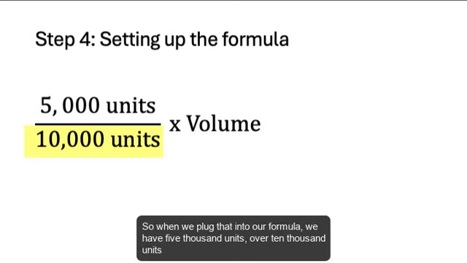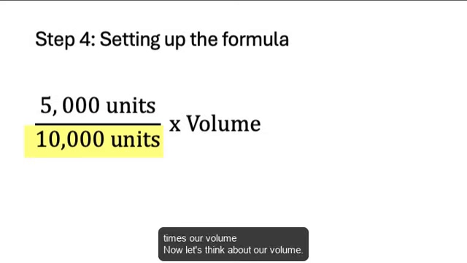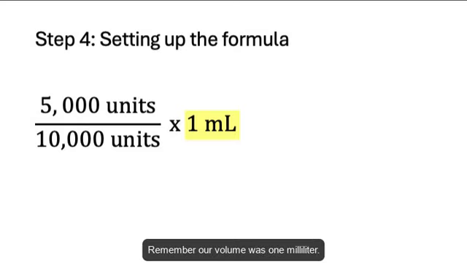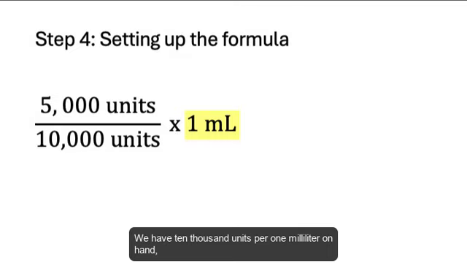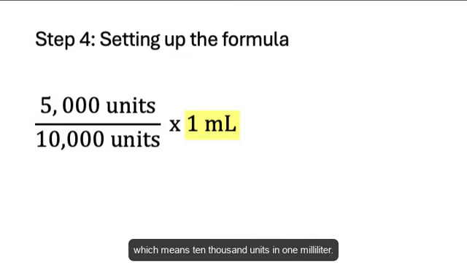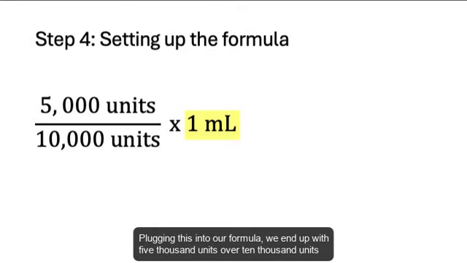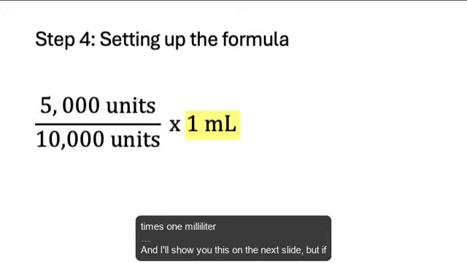So when we plug that into our formula, we have 5,000 units over 10,000 units times our volume. Now let's think about our volume. Remember, our volume was 1 milliliter. We have 10,000 units per 1 milliliter on hand, which means 10,000 units in 1 milliliter. Plugging this into our formula, we end up with 5,000 units over 10,000 units times 1 milliliter.